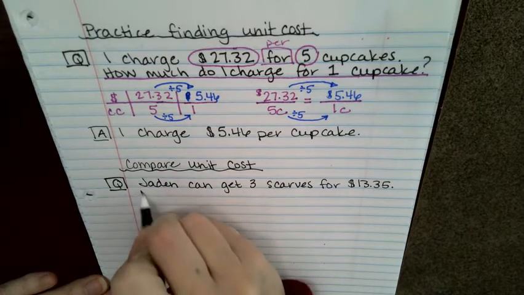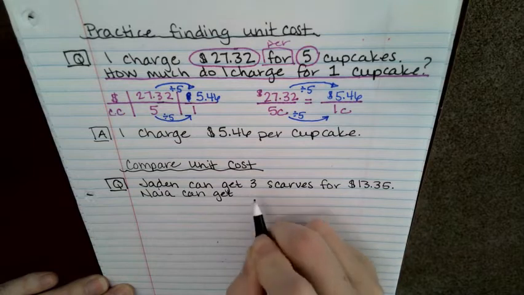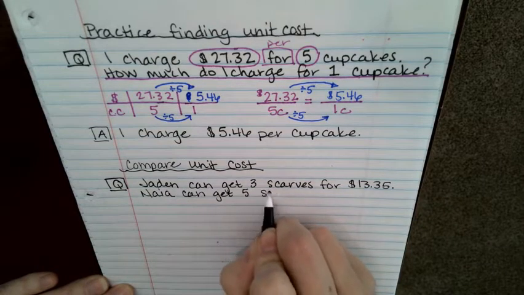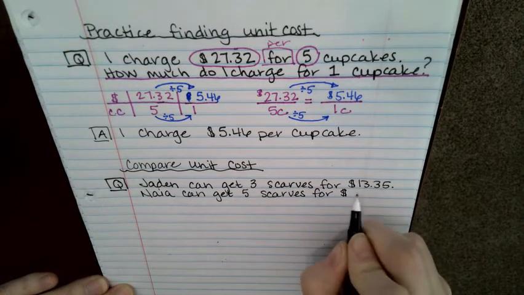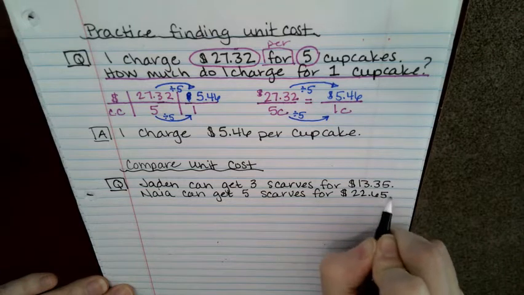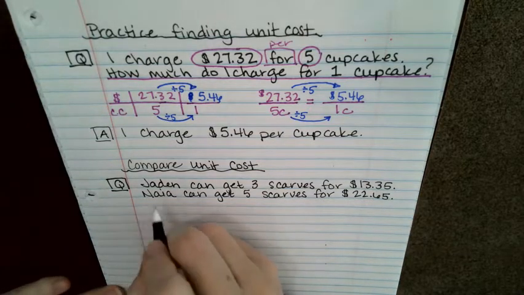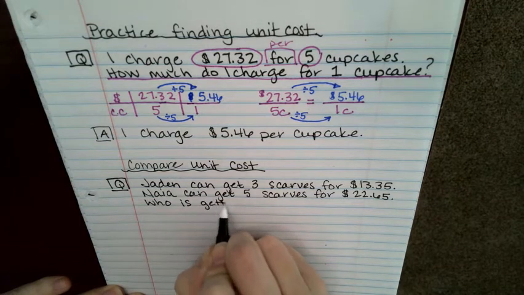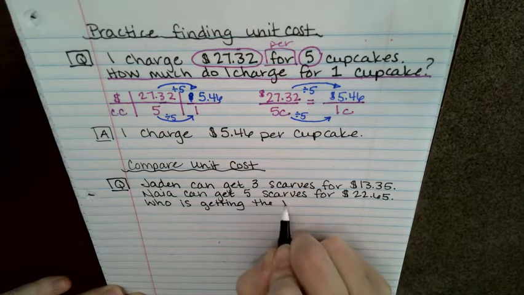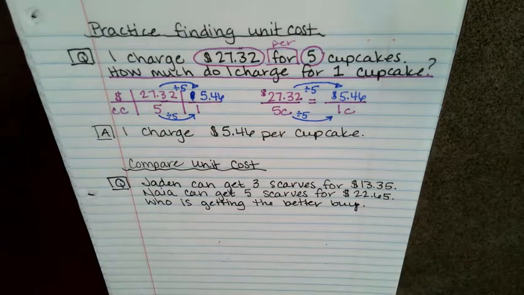But Naya can get 5 scarves for $22.65. Just by looking at that, who do you think is getting a better deal? Okay, and that's going to be our question. Who is getting the better buy? Better buy means cheaper.